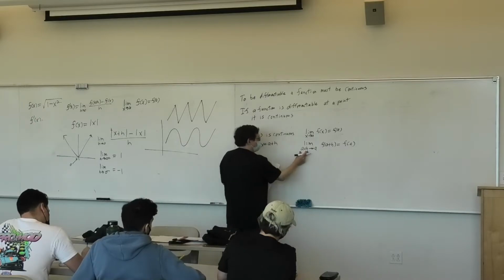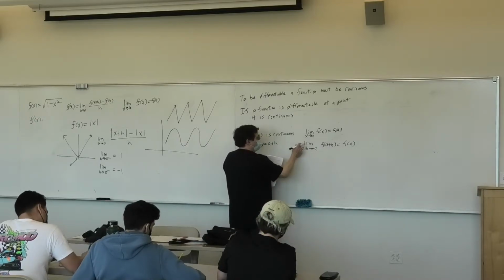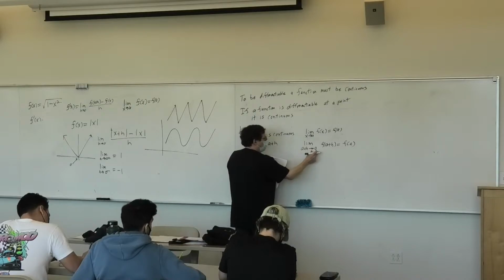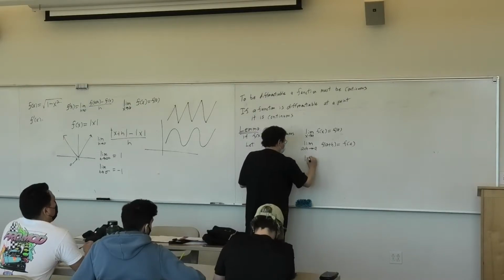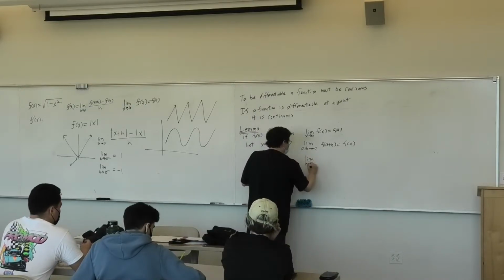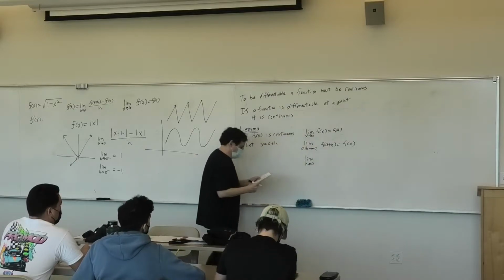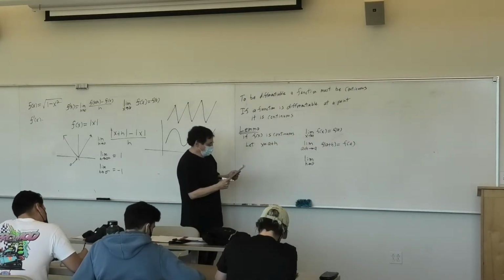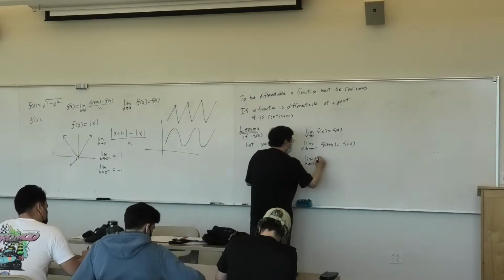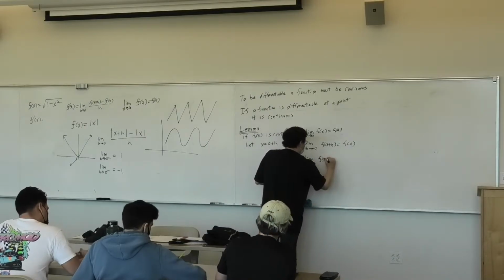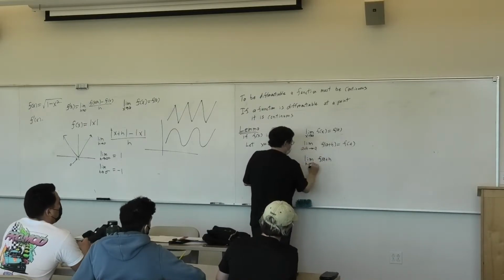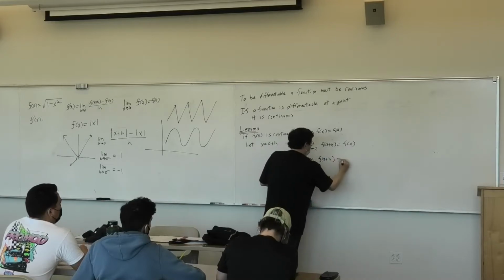Now, when we talk about the limit of a plus h approaching a, what we're really saying, of course, is the limit as h approaches 0. So what we're saying is that the limit as h approaches 0 of f of a plus h equals f of a.